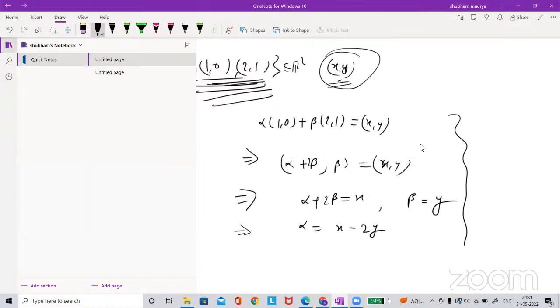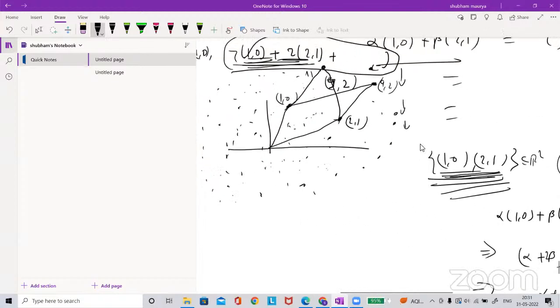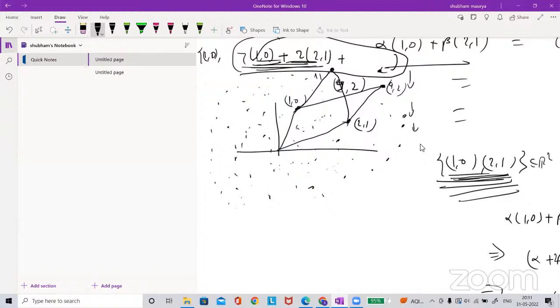Does the spanning set also include x comma y? No, that's what we are checking here. We are checking whether the set which contains these two vectors is a spanning set or not. You take a vector from R2, let's say this is somewhere (x,y).